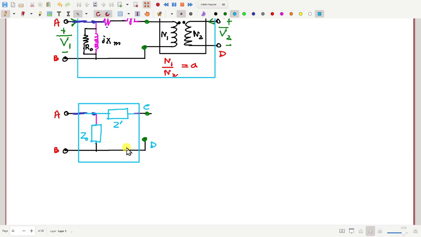Let me ask, if I measure the impedance between node A and B, I can take a voltage source, connect it here, then measure the voltage and also measure the current.